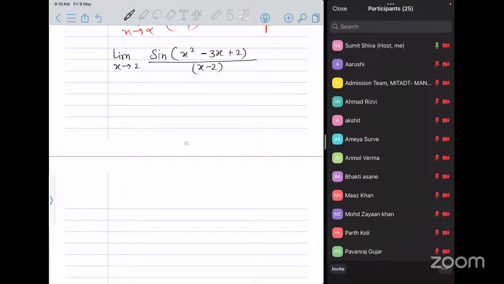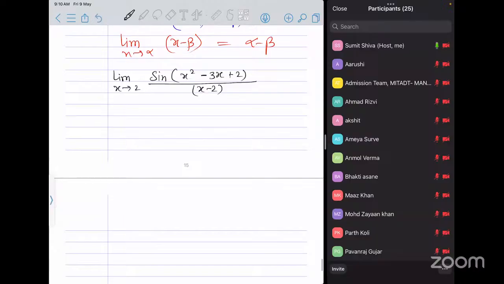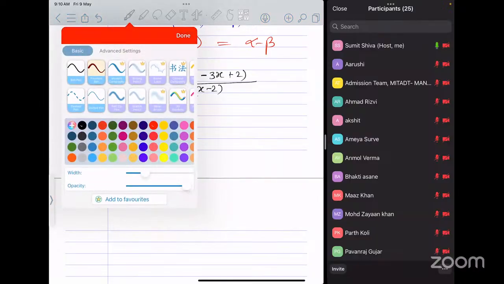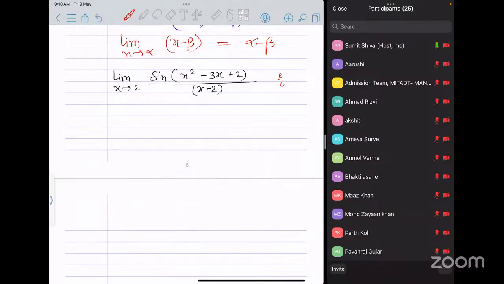If you put 2 into the expression, this will give you 0 by 0. Am I right?